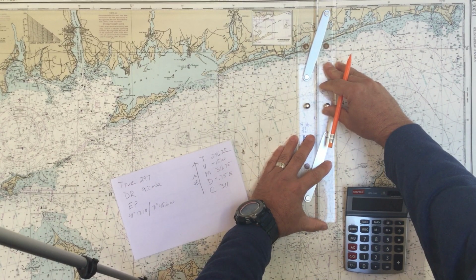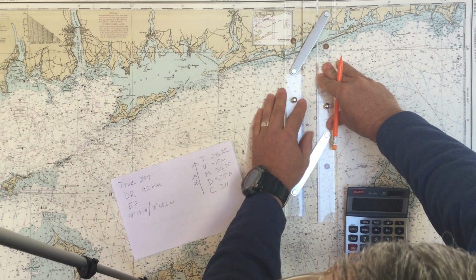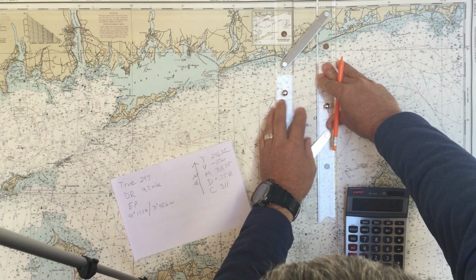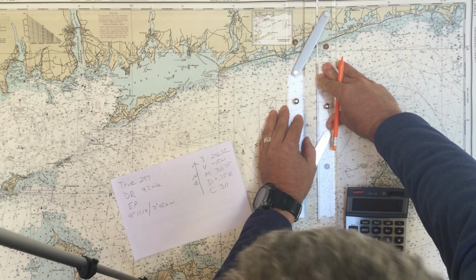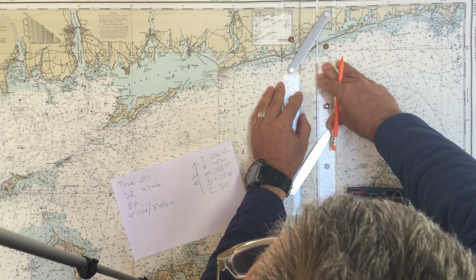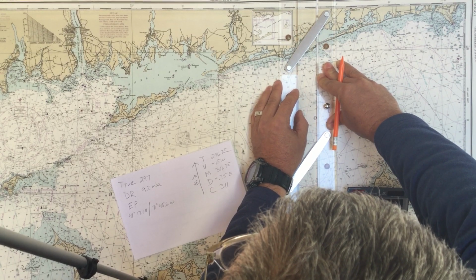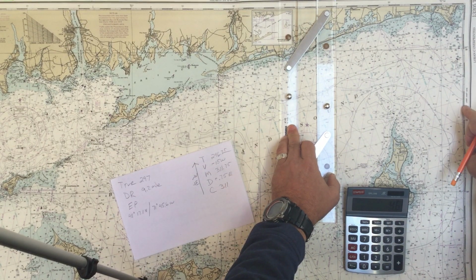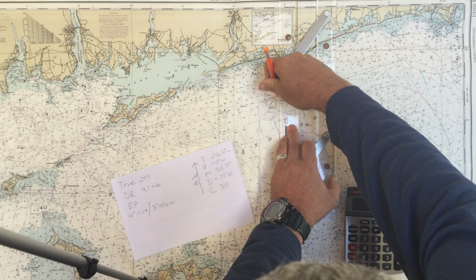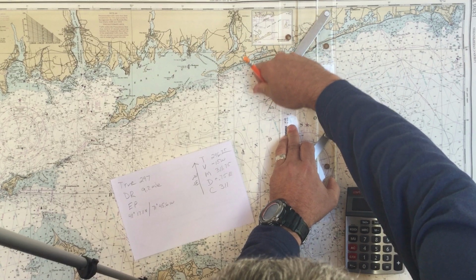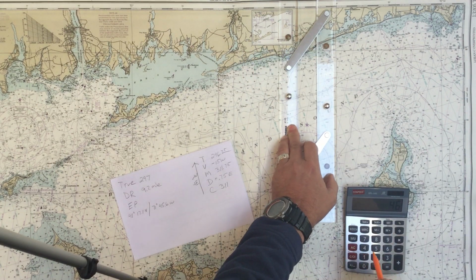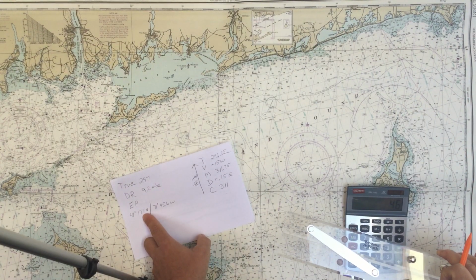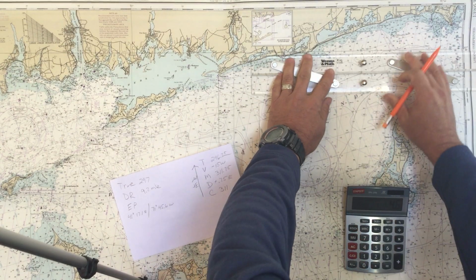I'm starting on a line of longitude. 45, I'm sorry, 45.6. So there's 45. There's 45.5, and that's 45.6. And again, I said 17.1. So I'm going to draw a line somewhere around here. Okay, I think that should do. And now I'm going to mark the latitude, which was 17.1.